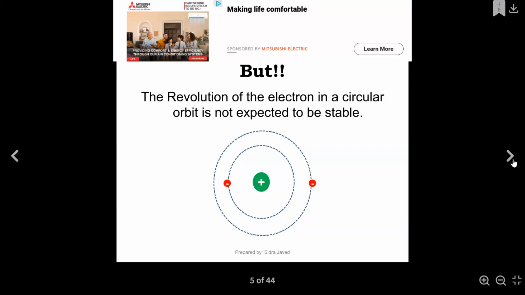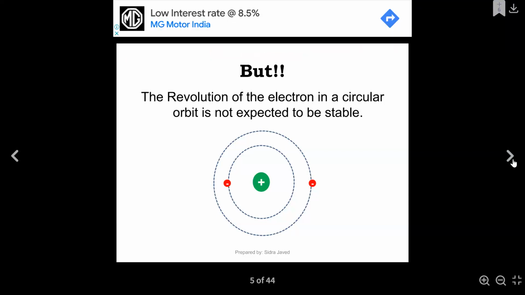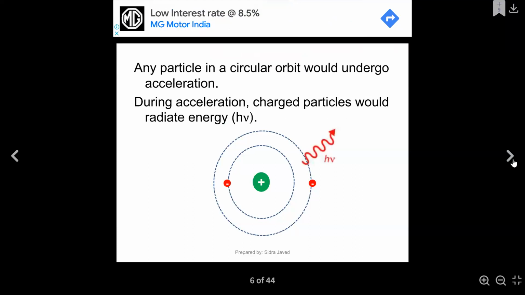What the problem with the Rutherford model was, the revolution of the electron in a circular orbit is not expected to be stable. Why? Because I told you that electron being a charged particle, during its motion it will be losing energy, and slowly it will be attracted by the nucleus.